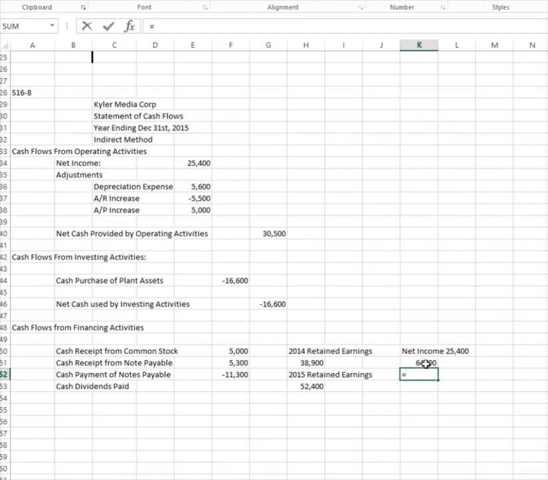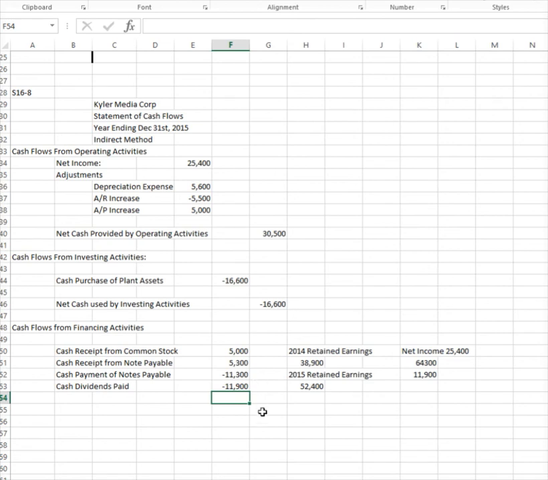So we have 64,300 minus 52,400, and we're left with an $11,900 cash payment of dividends. So we roll on down here to cash payment of dividends. We record that as a negative because our cash is decreasing when we pay these out.